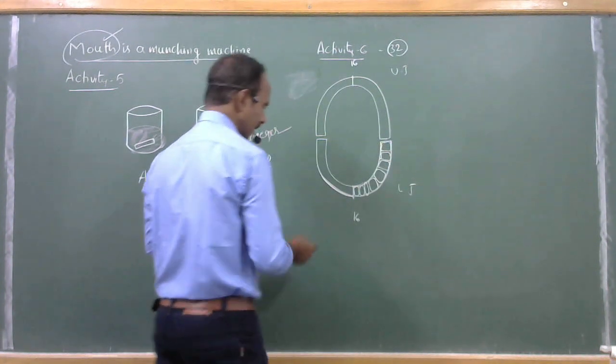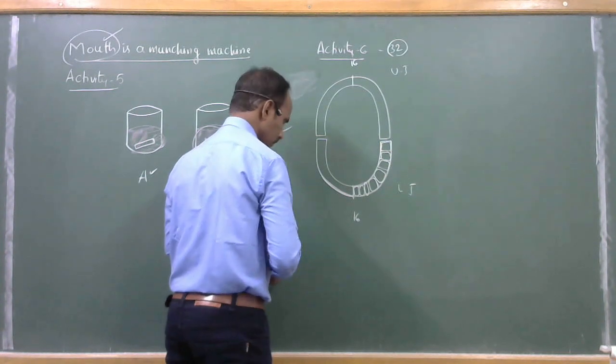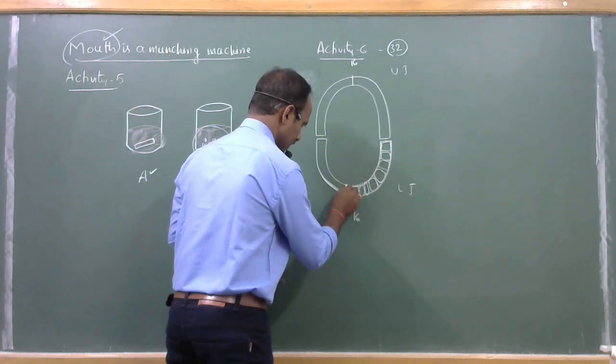Clear? And again in the remaining half jaw, these are the first two teeth arranged in front.